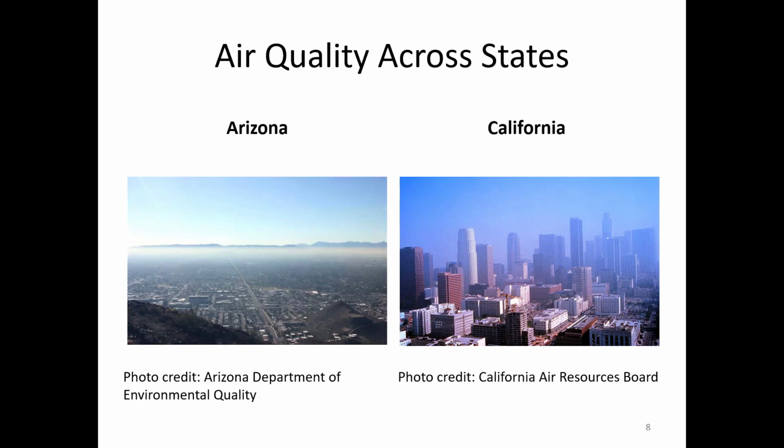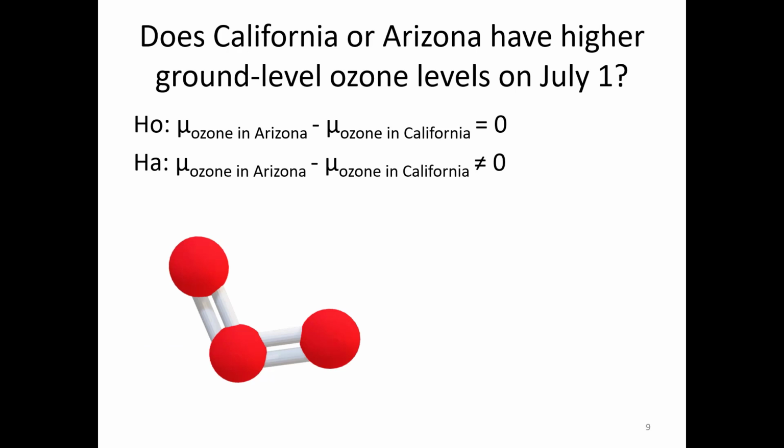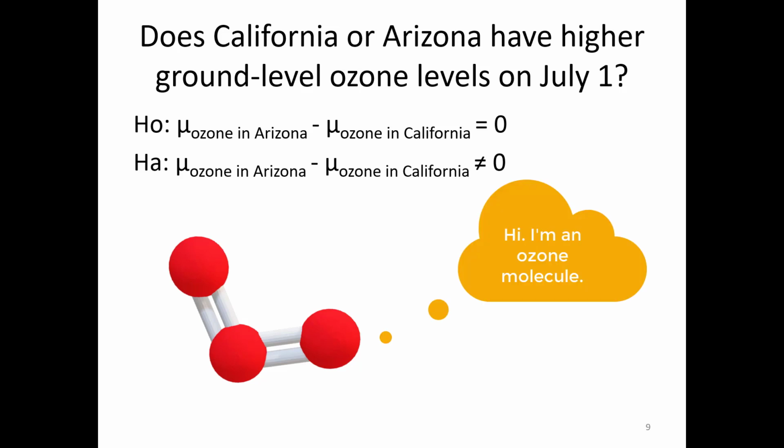And I decided to look at Arizona and California, and we will be examining ozone levels. So our question is, does California or Arizona have higher ground level ozone levels on July 1? Did they have higher ground level ozone levels on July 1? There's our ozone molecule that will be with us today.